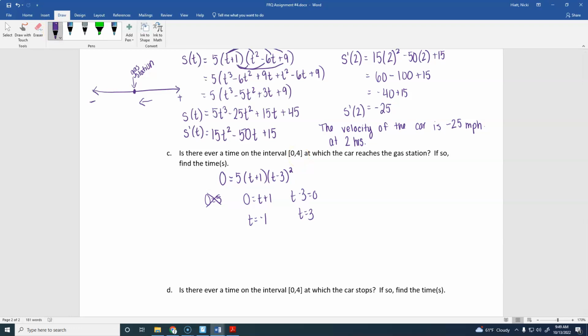So we would say in this case the car is at the gas station at t equals 3 hours because s of 3 equals 0.